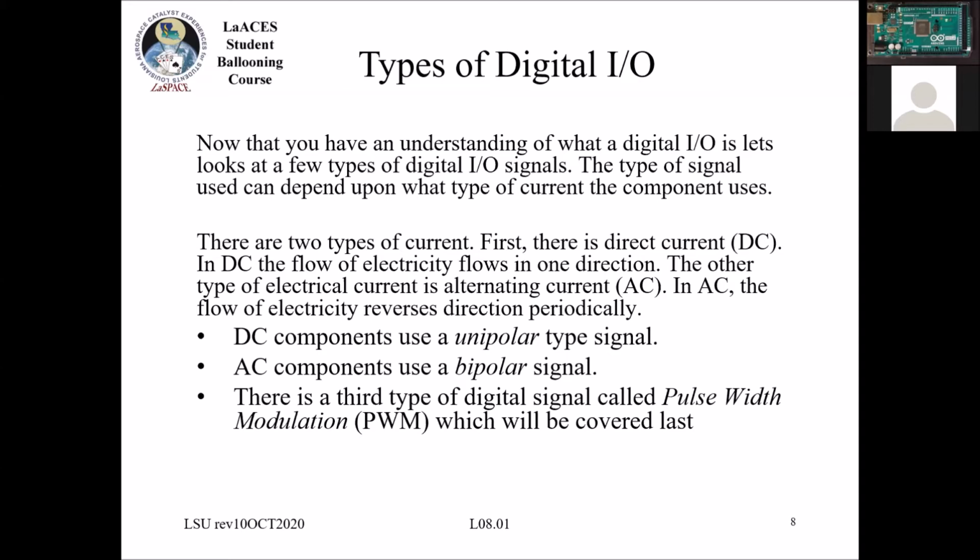You may also hear it referred to as unipolar, i.e. it goes basically from 0 to positive, or you can have bipolar, which goes positive and negative. And then there is another type of signal that we talked about for digital signals, pulse width modulation, which you recall there were a number of pulse width modulation pins on the Arduino, and we'll talk about what those actually do.